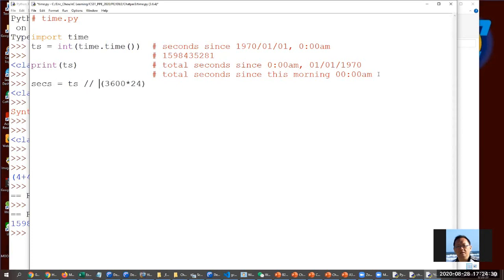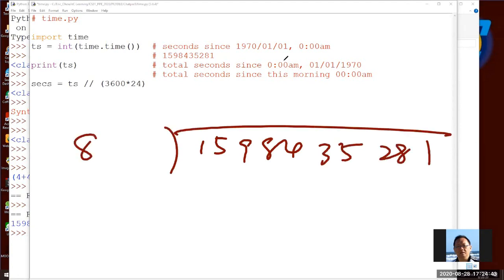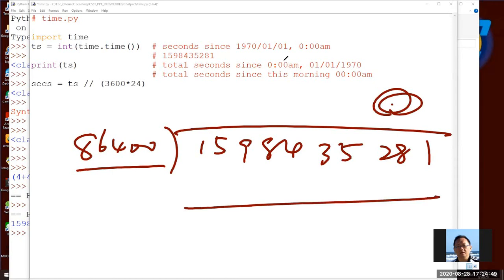Take the remainder of this. So basically here I have a huge number, 159843525, divided by this many seconds in a day. So whatever number it is, I don't care. There's a remainder, say this much.